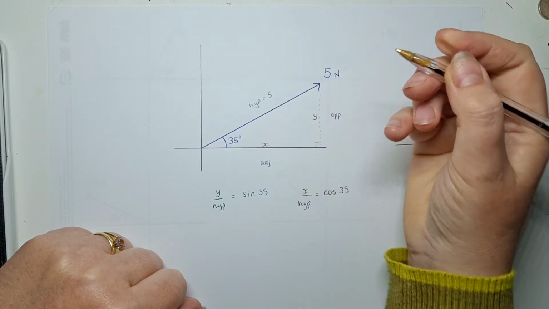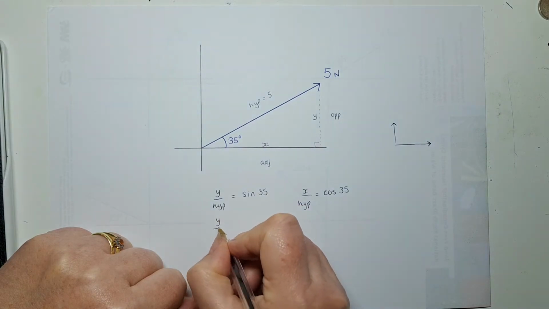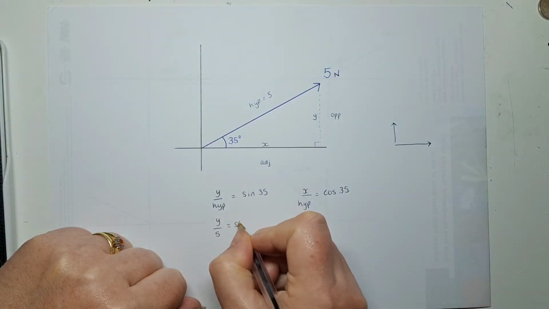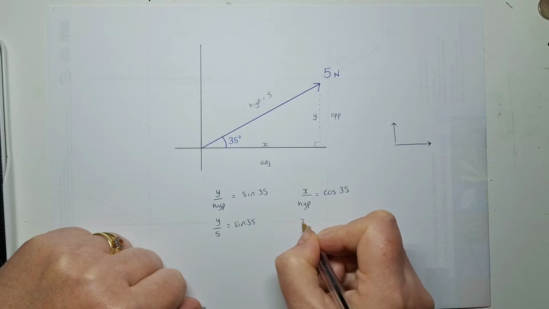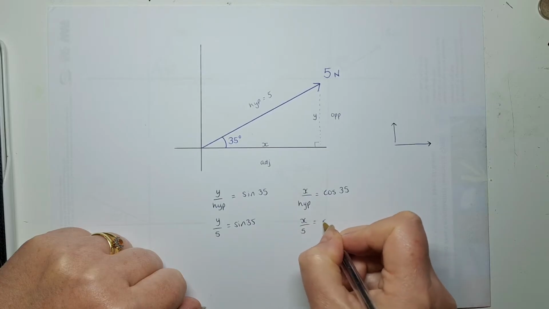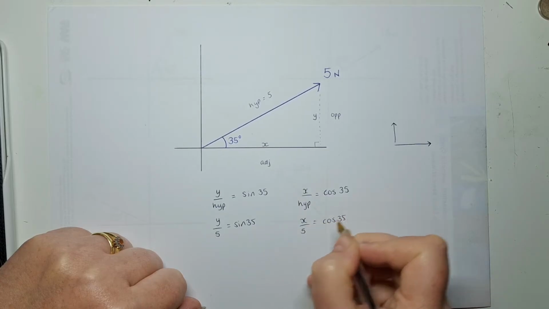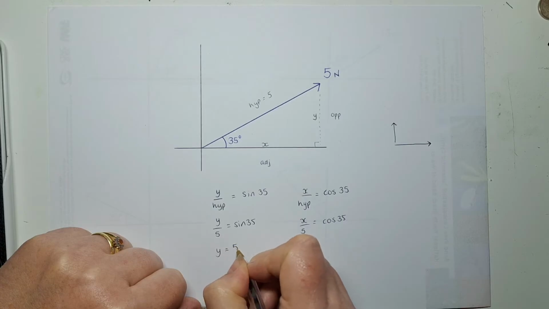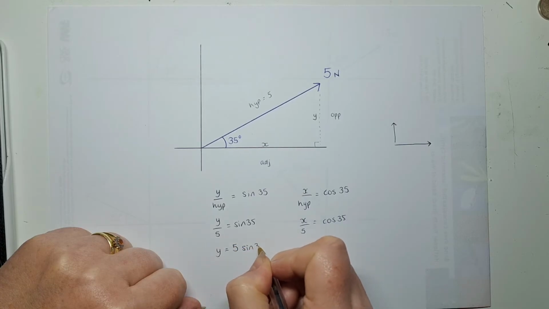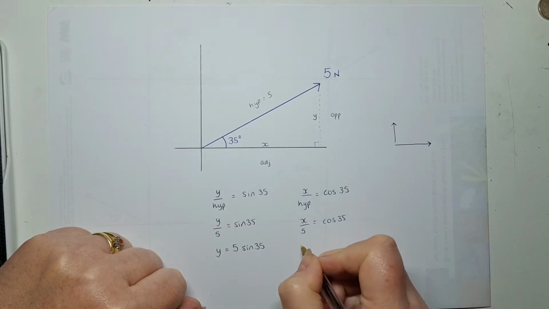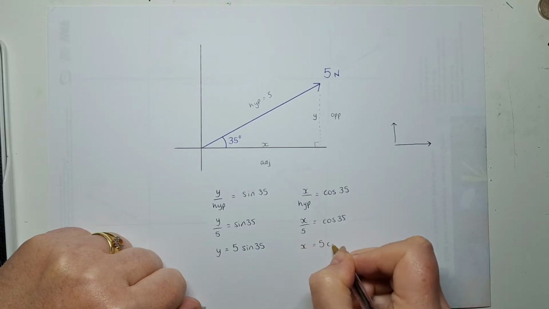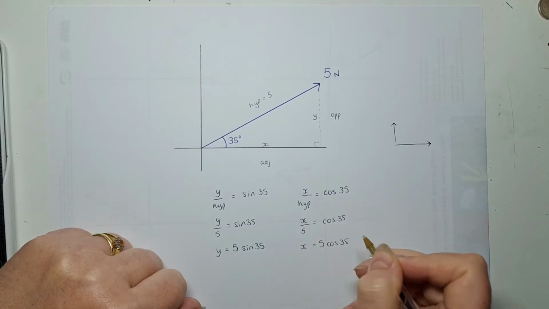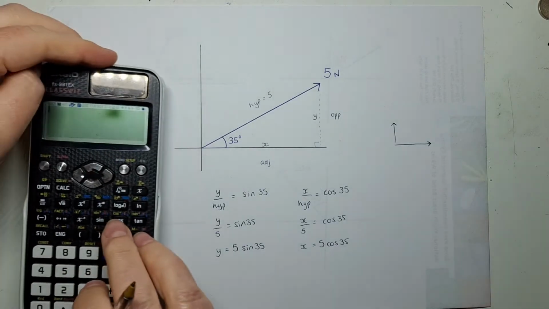Okay, so the force as a length effectively. So we've got y over 5 is sine 35. x over 5 equals cos 35, which when you multiply up by the 5, you get 5 sine 35 and 5 cos 35. And you can work those out as decimals.